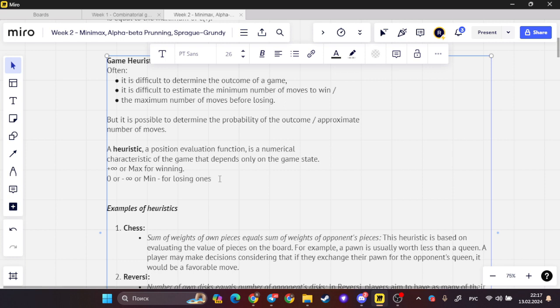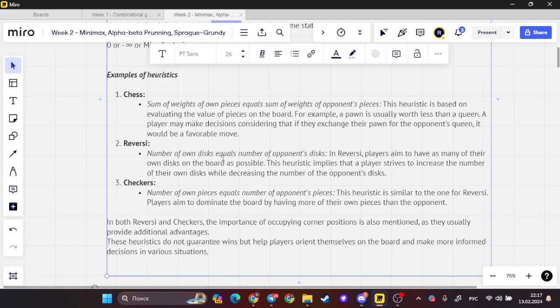We don't calculate this heuristic for some state based on the next states. This heuristic depends on the current game state.